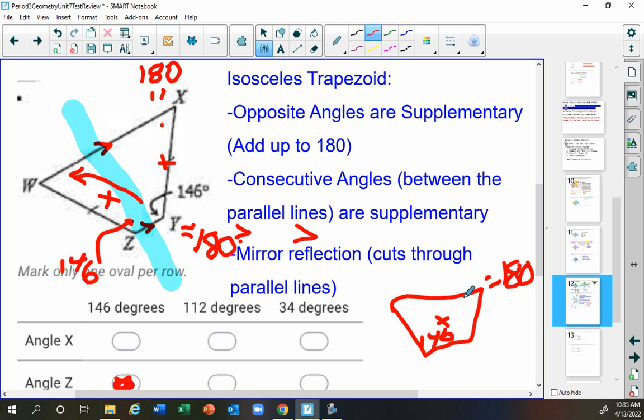What's 180 minus 146? 34. So X is going to be 34. You get that because 180 minus 146. So there was two ways you can get that.